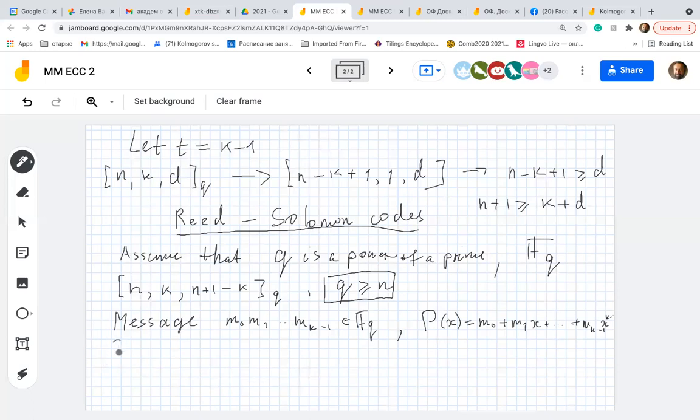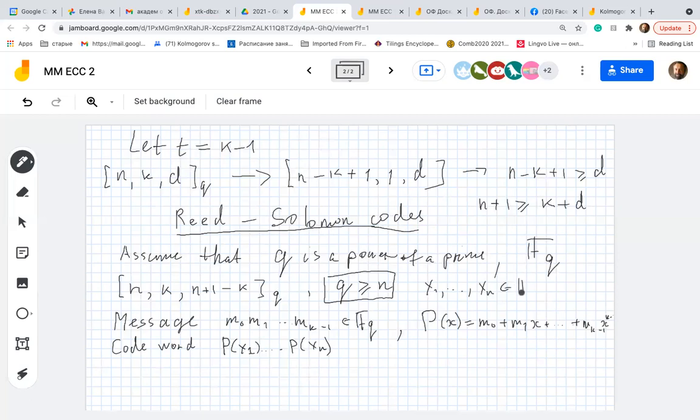And the code which encodes such a message is the value of that polynomial at some specific pre-chosen elements of our field. So we choose pairwise distinct elements in our field.